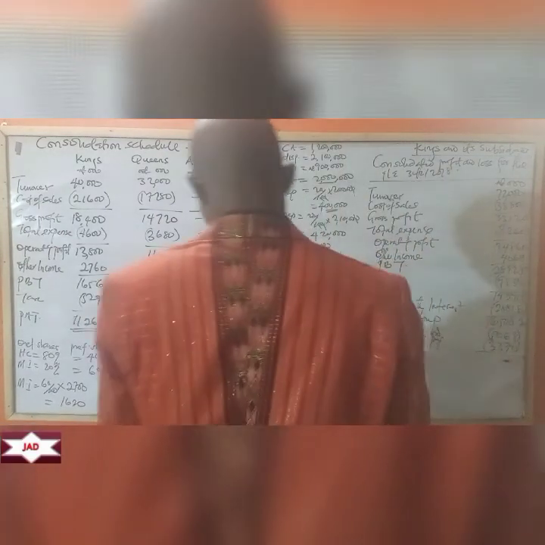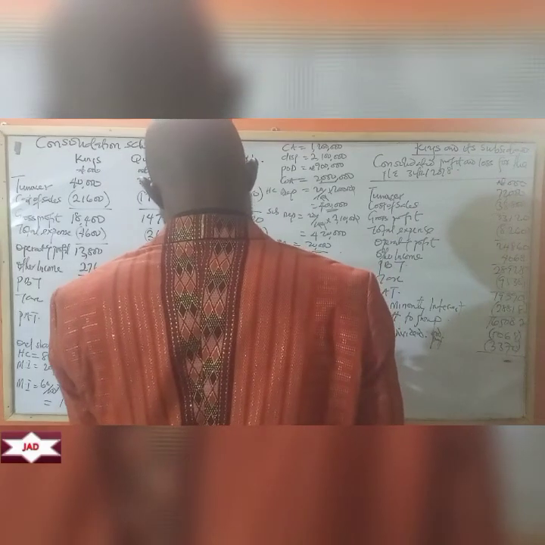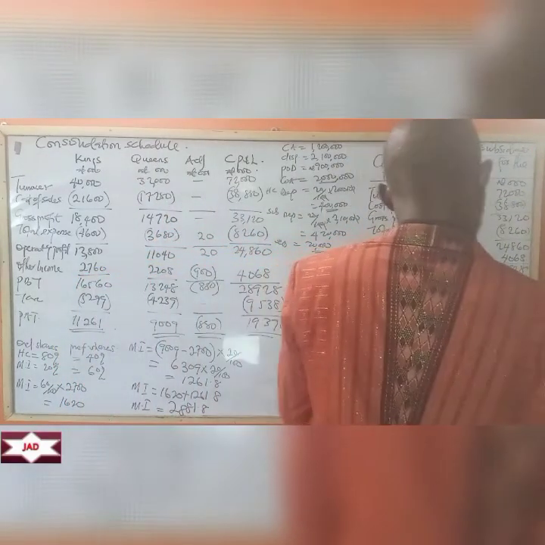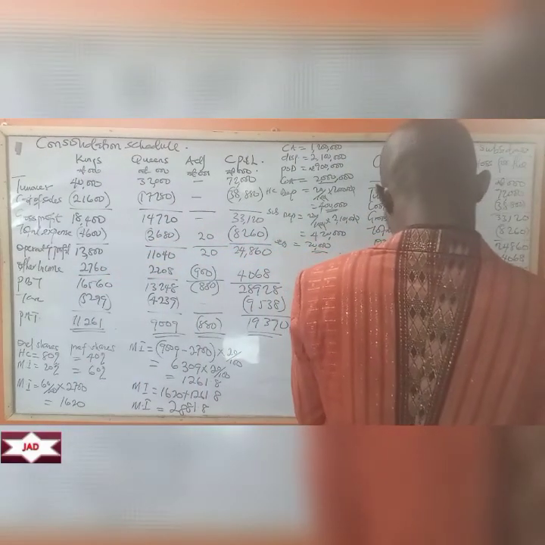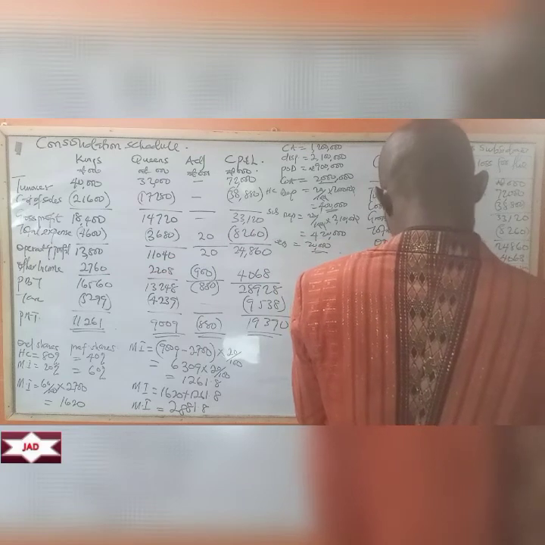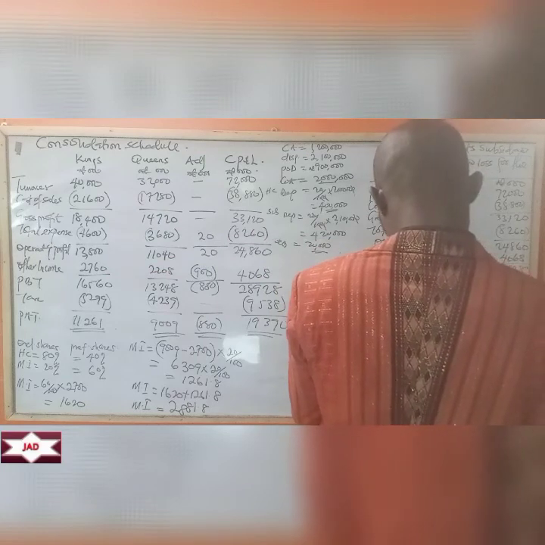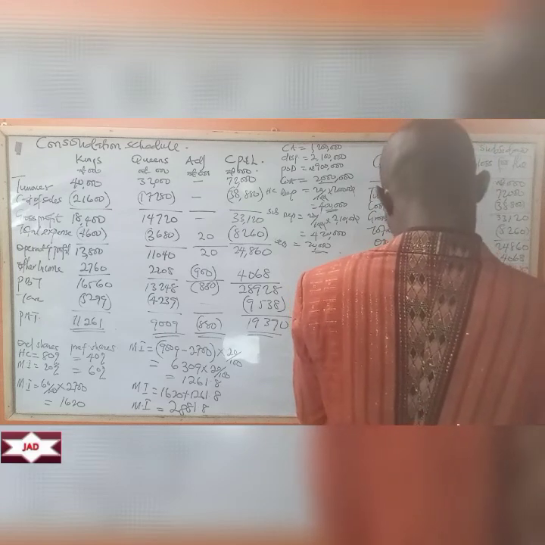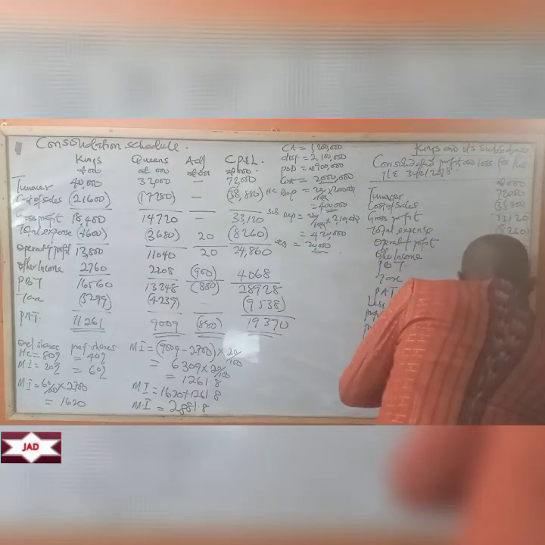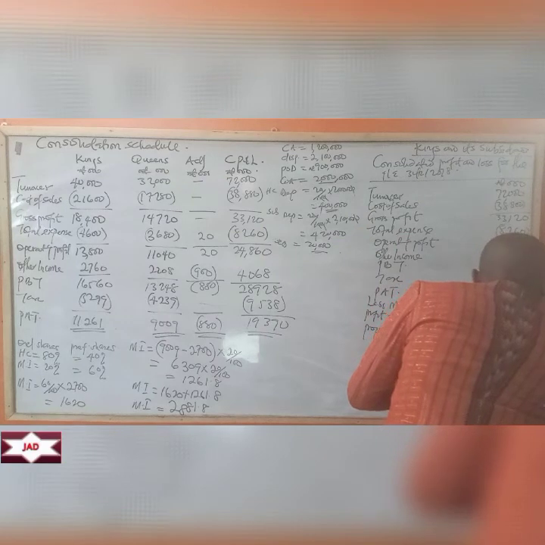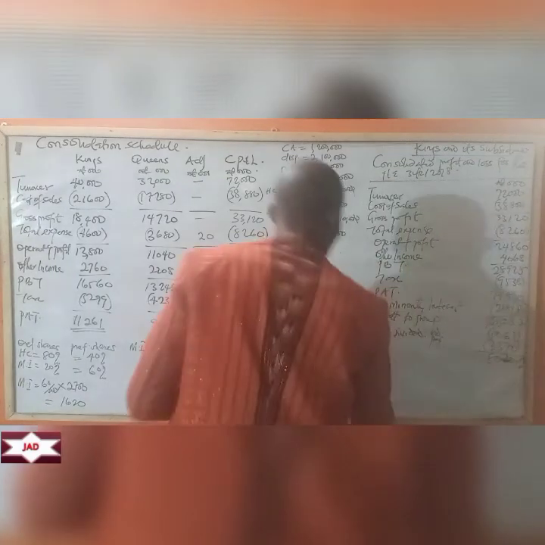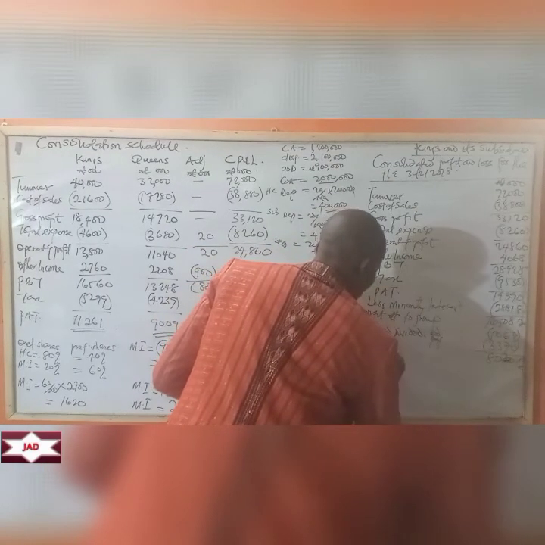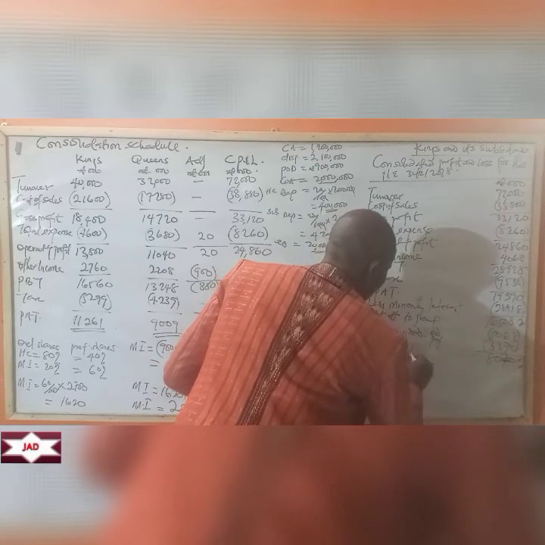So what do we have? 16,508 minus 5,068, sorry, 3,370. So I have 8,070.2. This is what retained profit for the year.